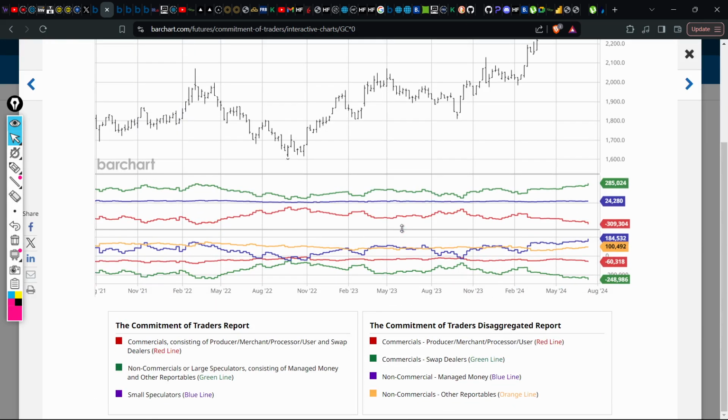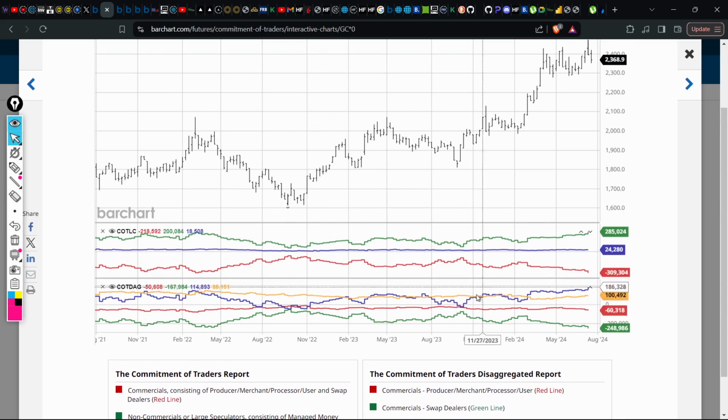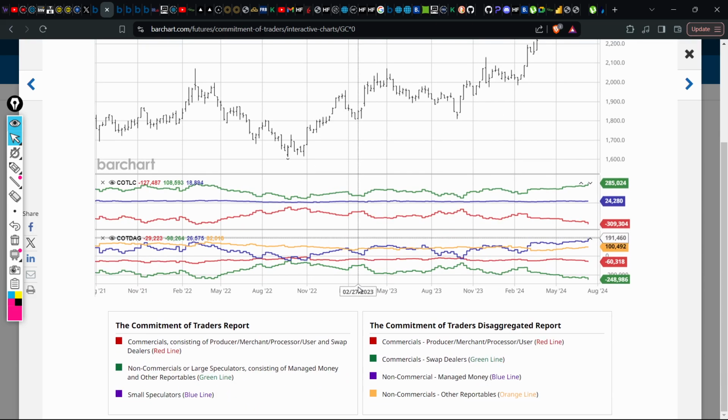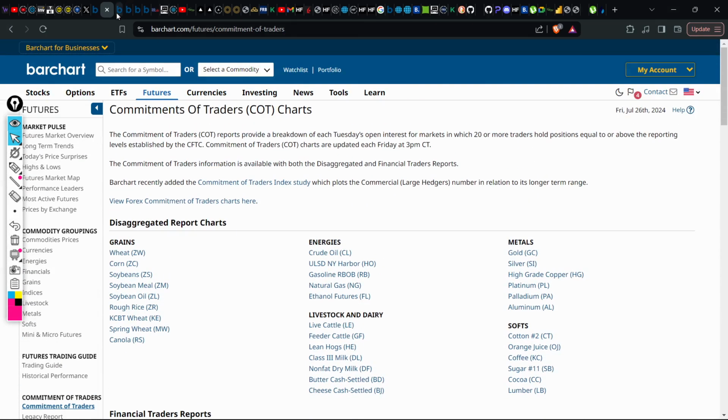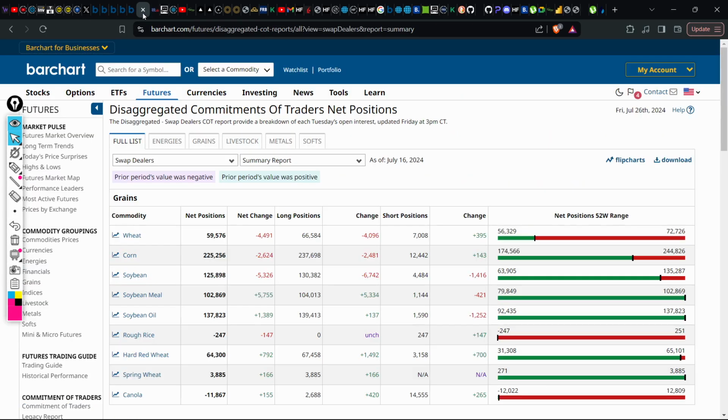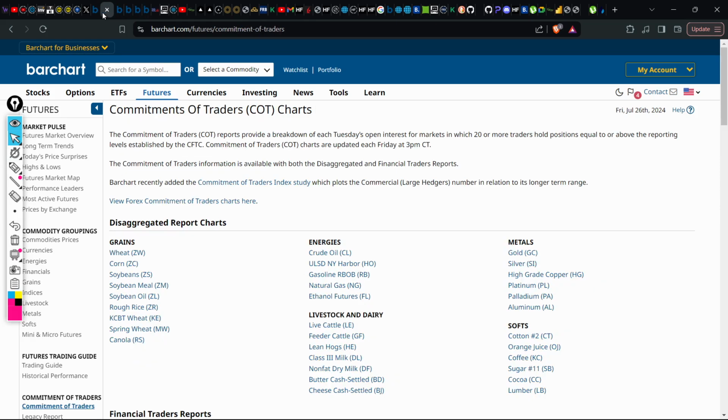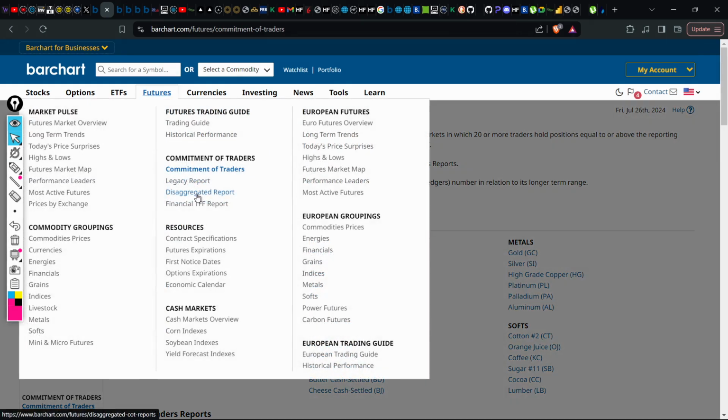You can see this is a chart of these reports, but let me go to a more refined one. You can from here go to futures and then legacy report or disaggregated report.